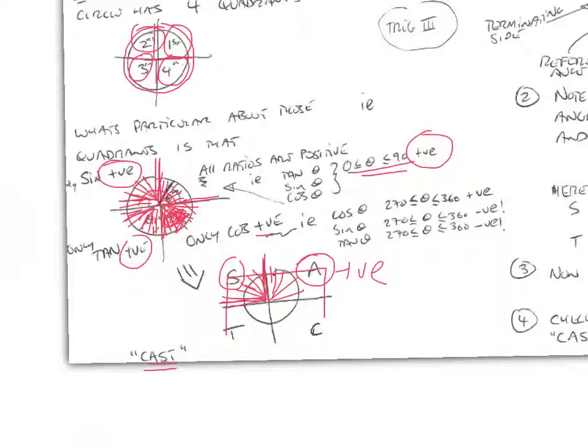From 180 to 270, only the tan of those angles is positive, and when the angle is between 270 and 360, only the cosine of that angle is positive, the others are negative. And we're going to see how to apply this rule in a second.